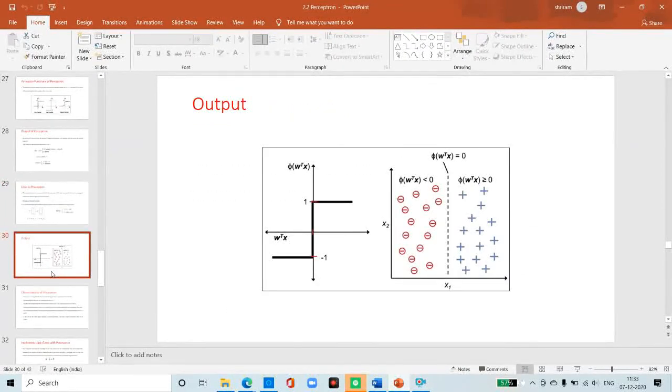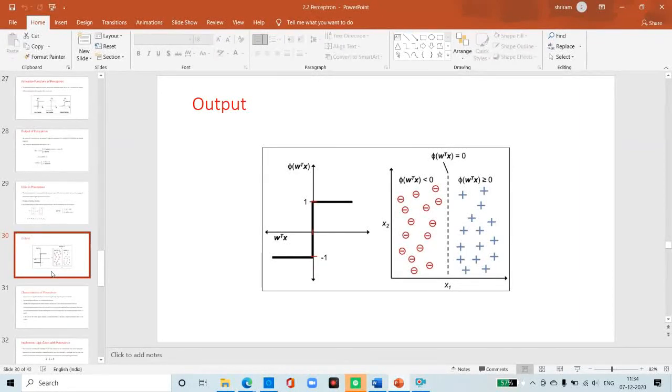So, for simplicity, the threshold theta can be brought to the left and represented as W0 x0, where W0 equals minus theta and x0 equals 1. So in that case, if we are not using the threshold theta, we are adding one bias unit denoted as W0, with weight W0 equal to minus theta and the input value x0 equal to 1.